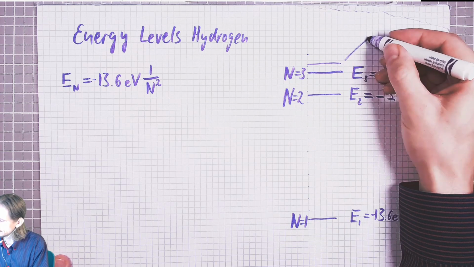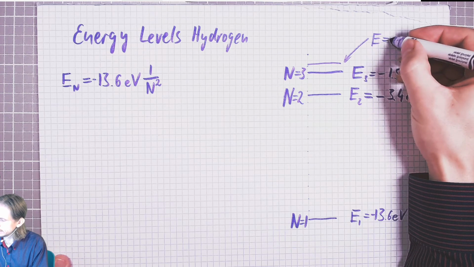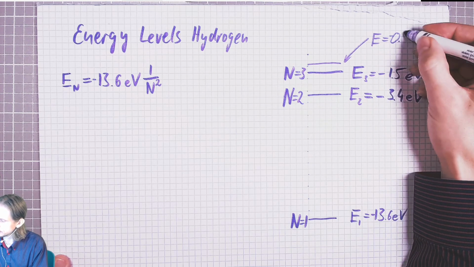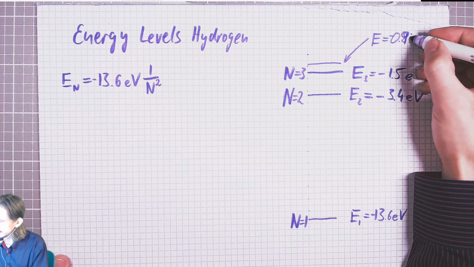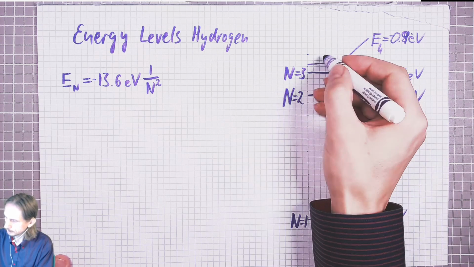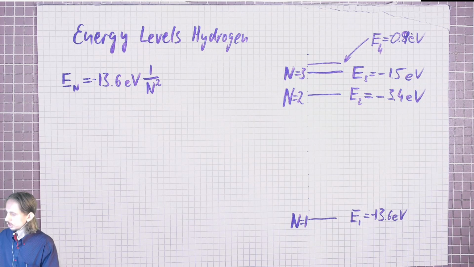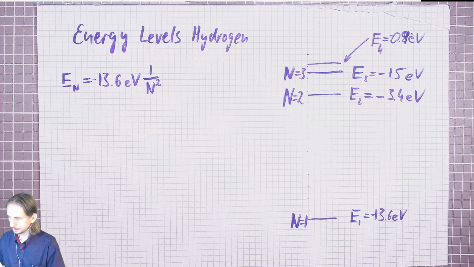We have n equals 4, E4 equals minus 0.9 electron volts, that is E4. So these are the energy levels of the hydrogen atom.